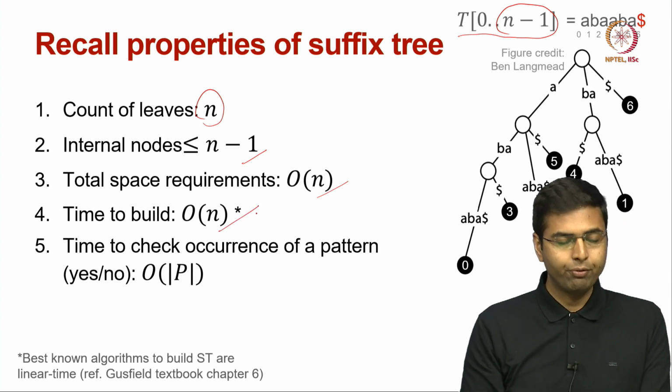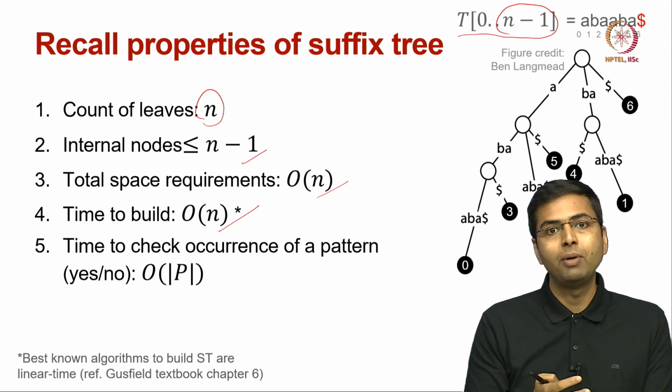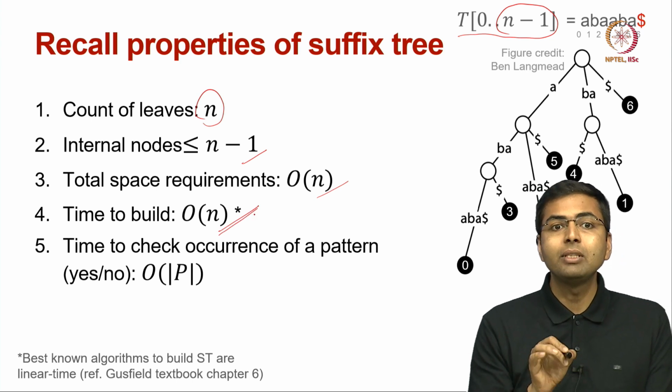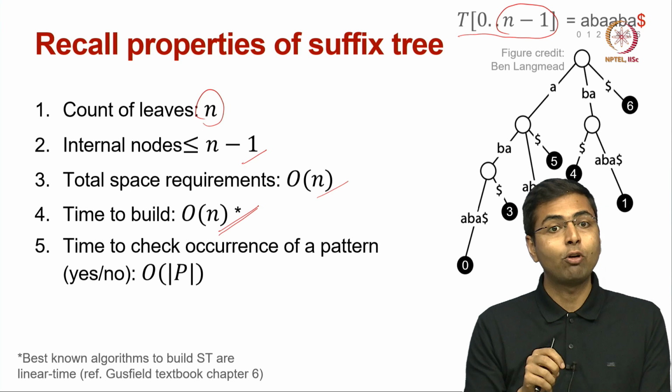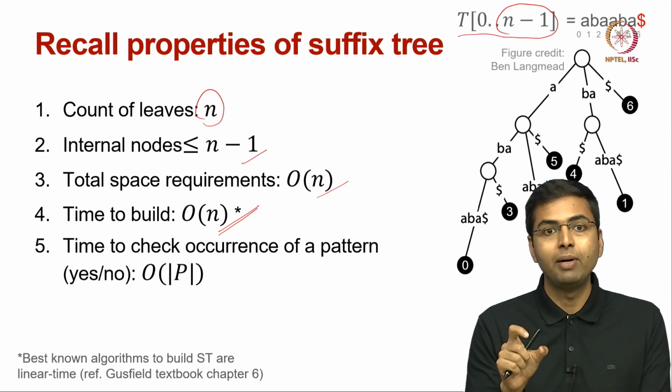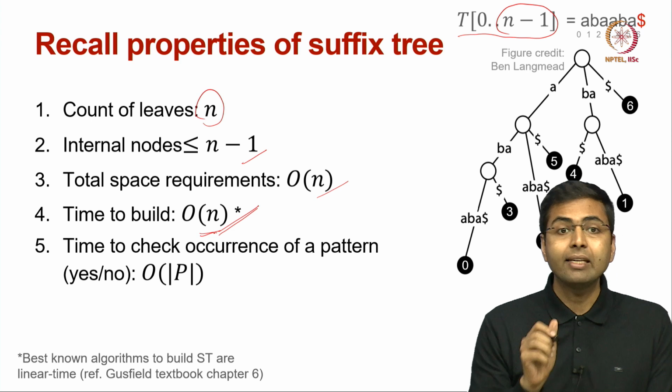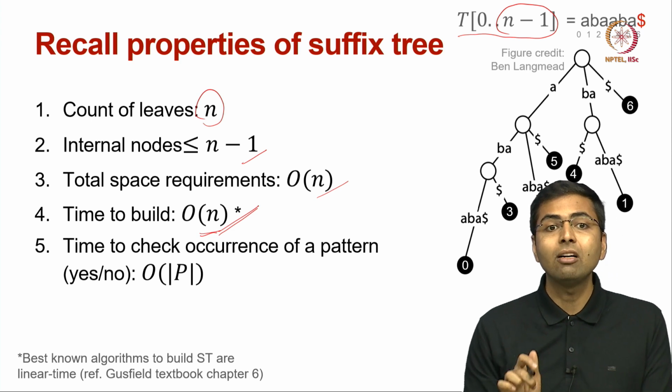So if you use the best available algorithms to build suffix trees, they require linear time, and we will use this as a fact. Even though in the course we have not studied a linear time algorithm to build suffix trees, we will be using this result as a fact that suffix trees can be built in order n time.